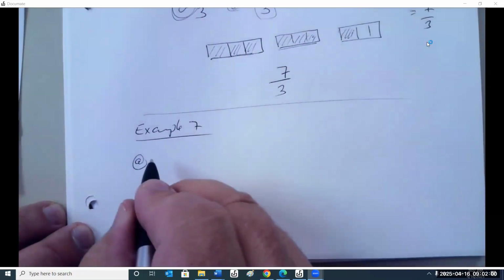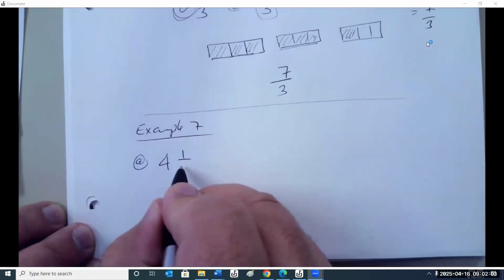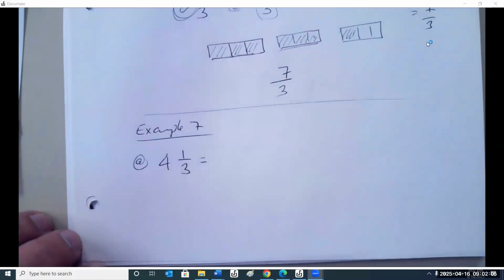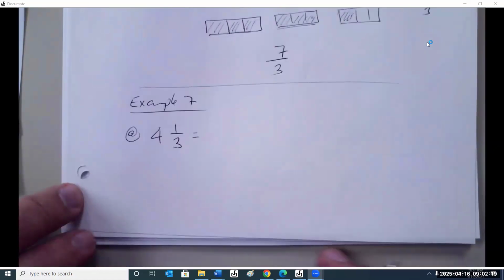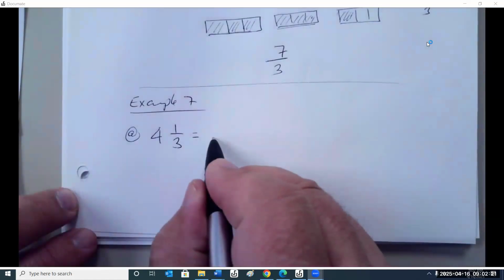Example 7. Convert these into improper fractions. Remember the formula?